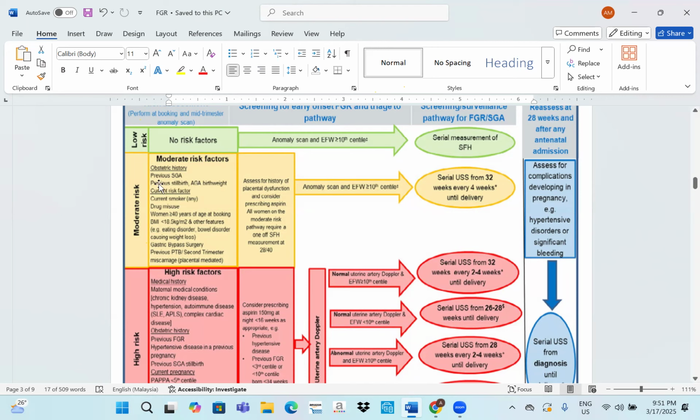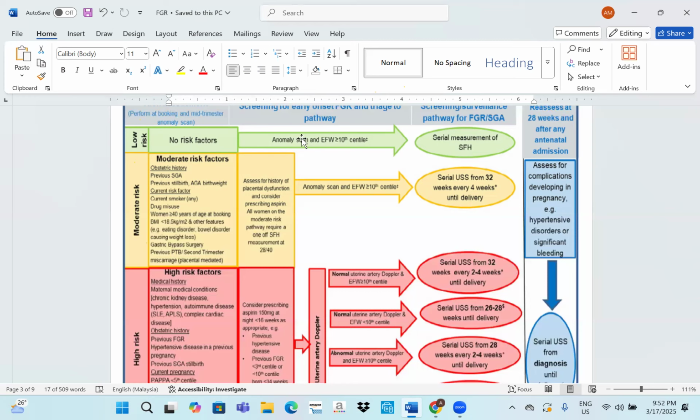The first one is no risk factors. And one other point they have introduced in this guideline is that at anomaly scan, you should utilize this visit of the patient, and for every patient on anomaly scan, you should do the estimated fetal weight.